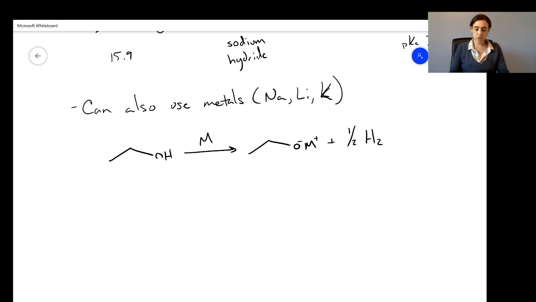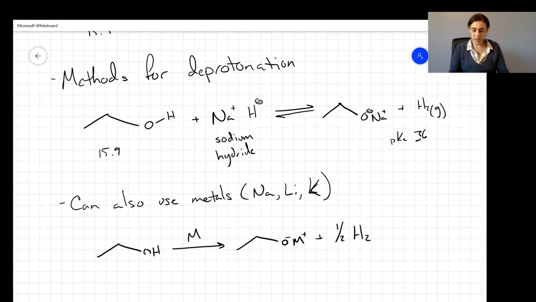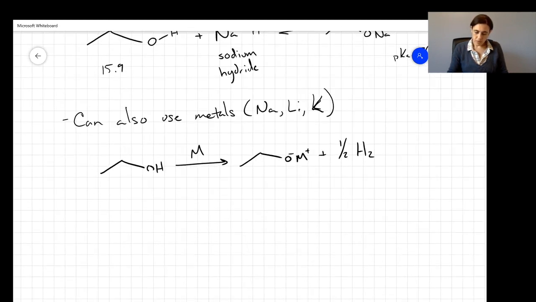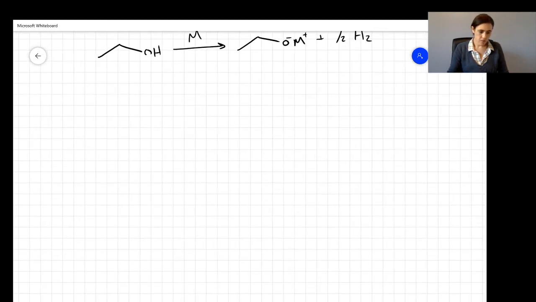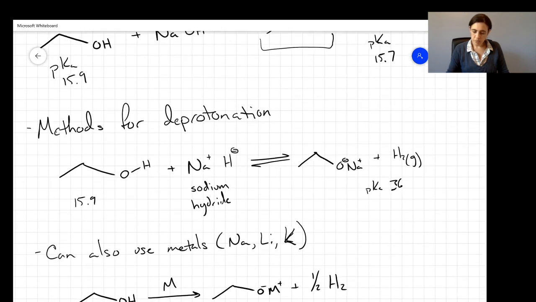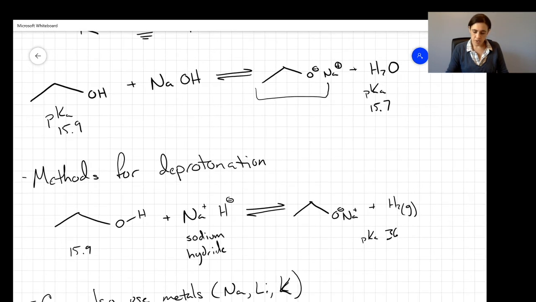All right, so in general, you're going to need a stronger base than hydroxide to deprotonate an alcohol. But that, again, will depend on the pKa that you're dealing with, right?